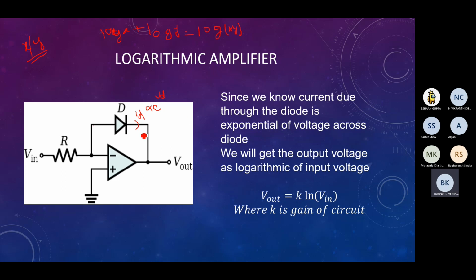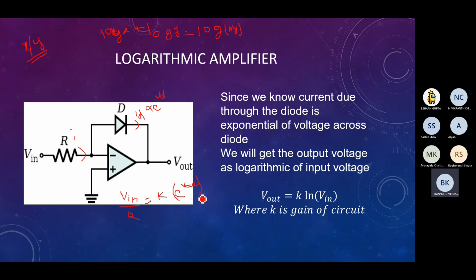If we use this, the current I equals V in upon R across the resistor, which equals some k times e to the power of Vd, that is V out.